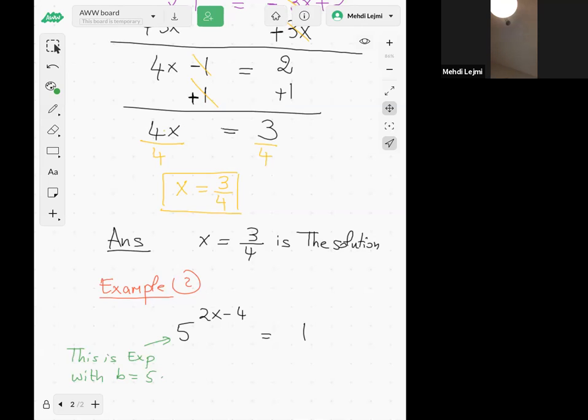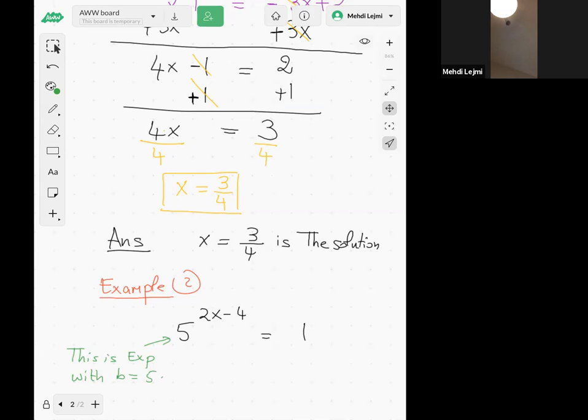So this is exponential with base b equal to 5 on the left side. As I said, the right side is the whole number one. So the question for you guys: do we have the same base on both sides?